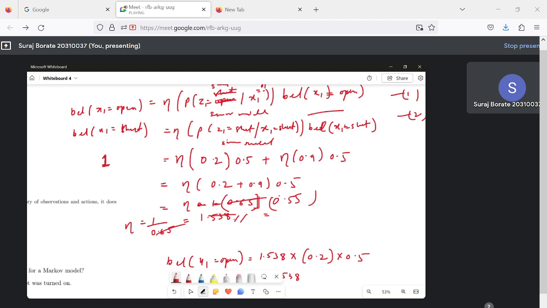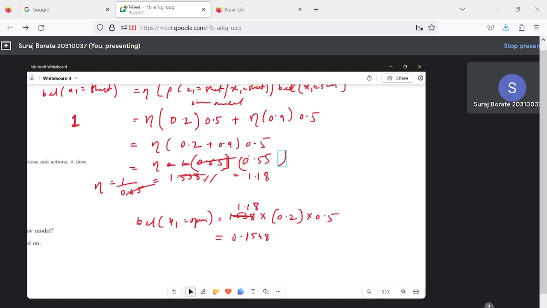Now you again compute the belief, into 0.2, 0.5. Yeah, so that is 1.818, that is right.